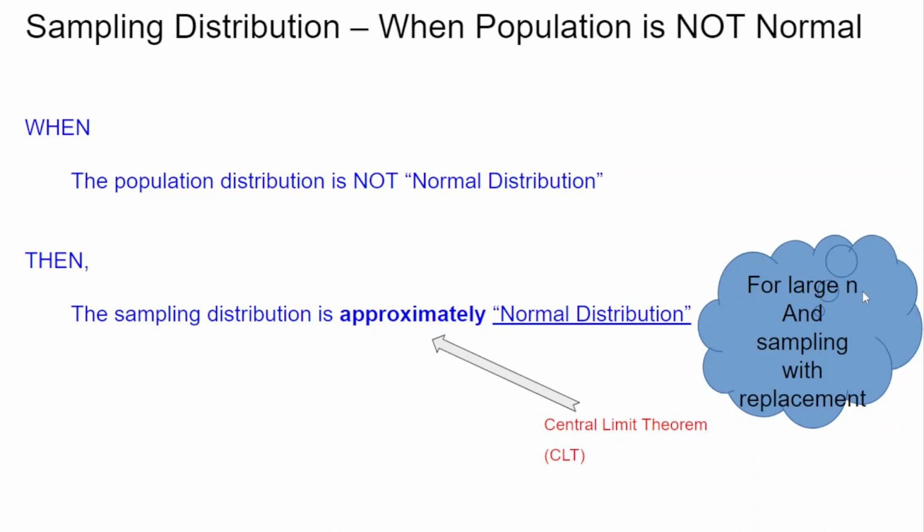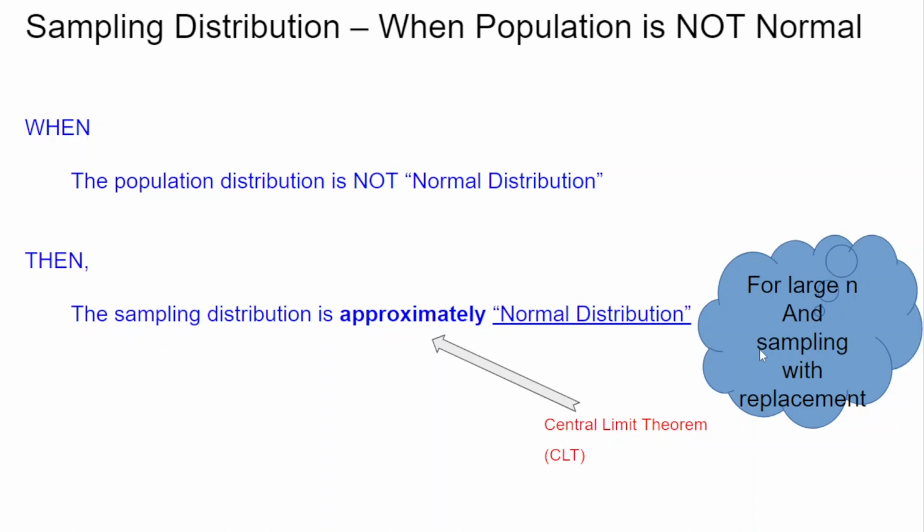Large means, at the time when they wrote it, larger than 32, but today you can consider it to be like thousands of samples, right? So that is what large is to us. And the sampling strategy we apply is sampling with replacement, okay? Which means we will take a data point from the population and we will not remove it. We will give an equal chance for that data point to again get sampled in the next iteration of our random sampling. That is what it means as sampling with replacement.